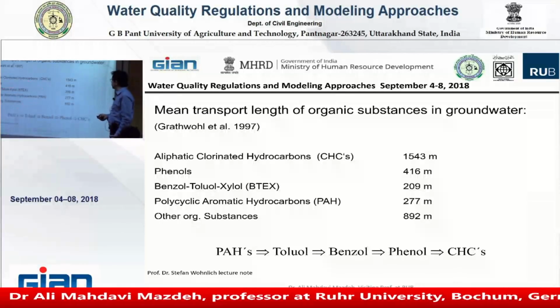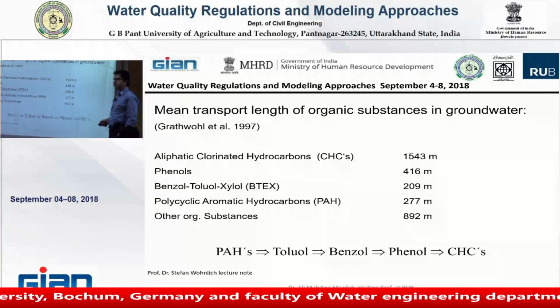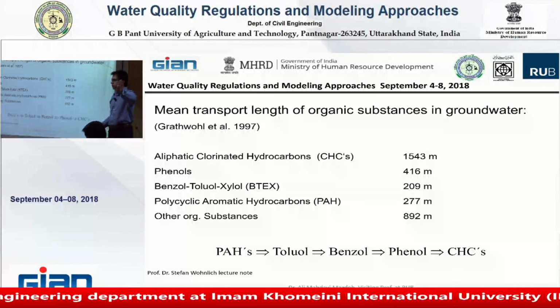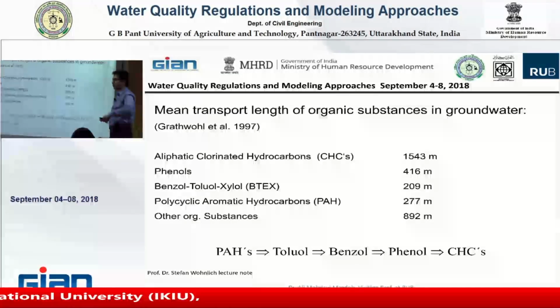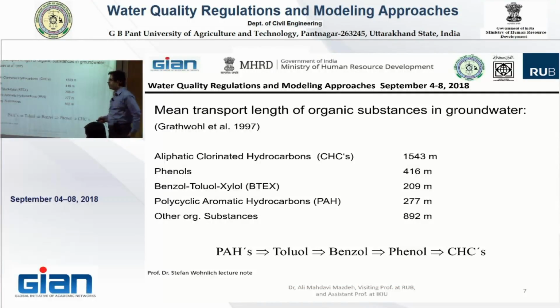For example, here phenol will move approximately 416 meters in the groundwater. So from the place where you inject it to 416 meters, you can see it. This is the mean transport length of organic substances in groundwater. Aliphatic chlorinated hydrocarbons, 1,543 meters.